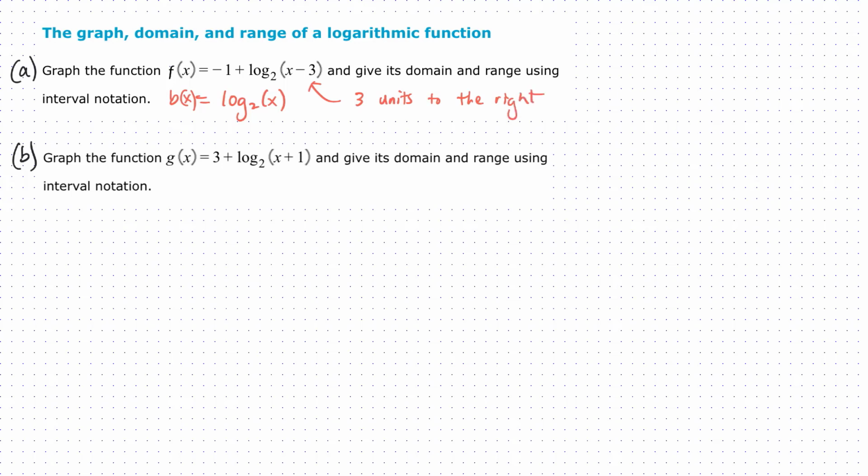And then the later transformation says, take that part there, and that says move your y values down 1 unit. So with that being known, we are ready to graph this.